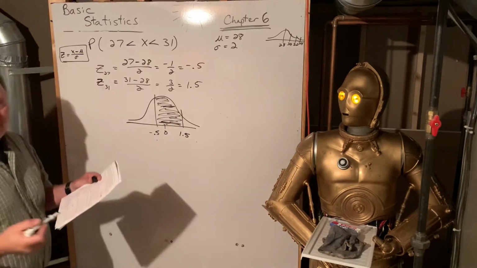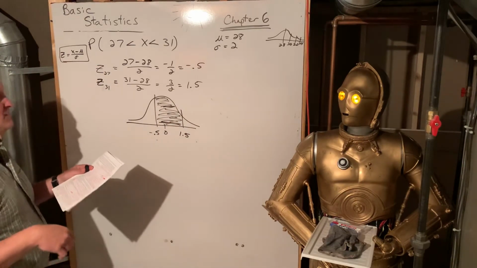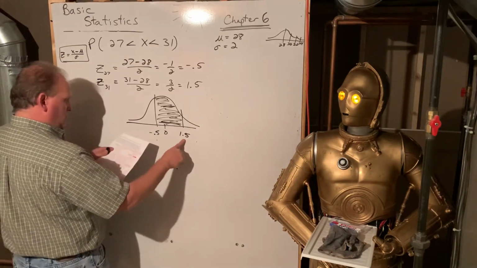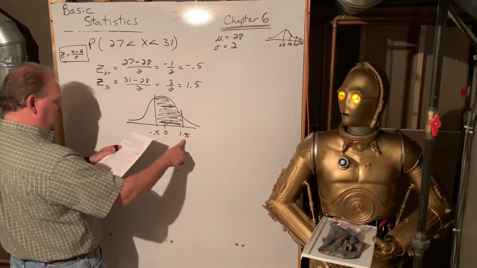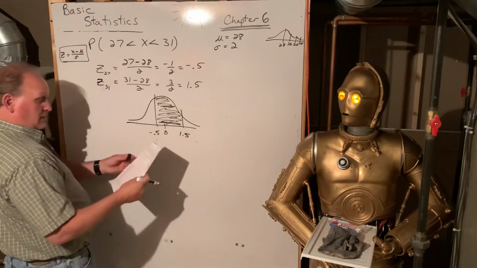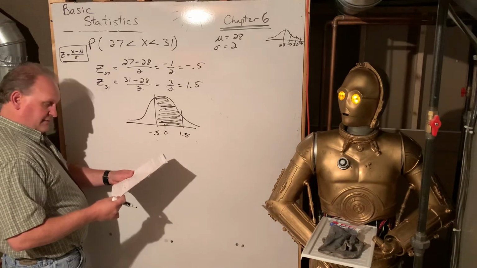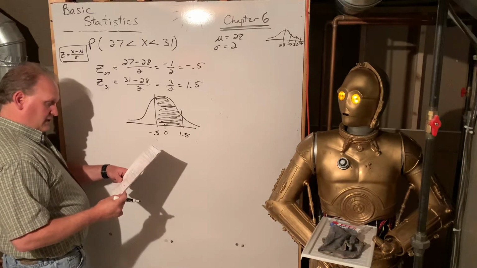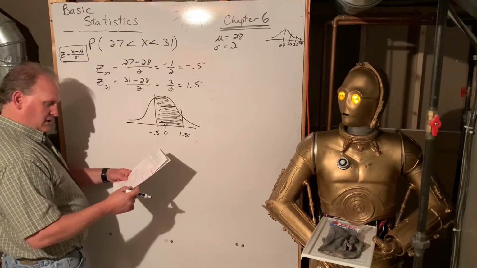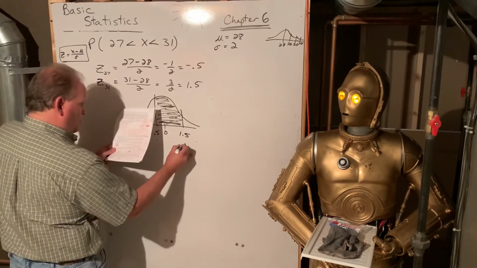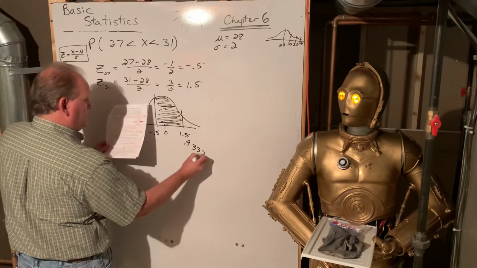And so now we go back to our chart. Now it's just like back in 6.1. You just look that up on your chart. 1.50 on your chart has a value of 0.9332.